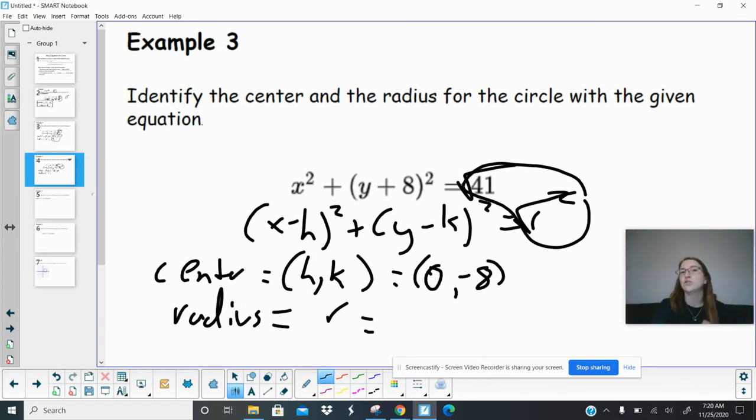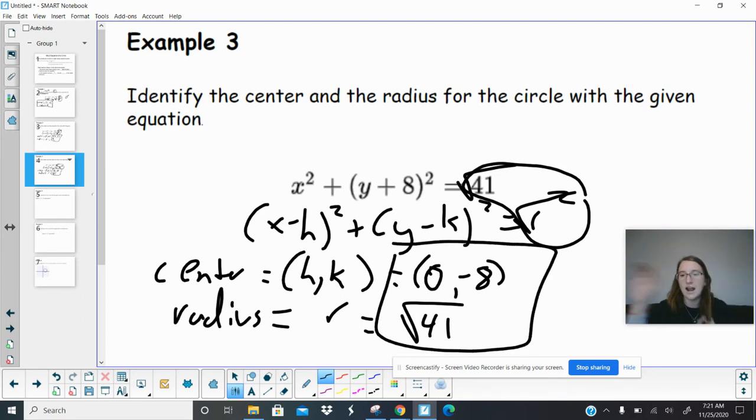So if you try to take the square root to get r, and you see that it comes out to be a huge, long, ugly number, just leave it as the square root number, and that's it. You don't need to write it as a decimal, just leave it as a square root if it doesn't come out evenly. If it does come out evenly, then that's your answer, like we did in the last two questions. But if it doesn't come out evenly, just leave it square root 41, boom, there's our r.